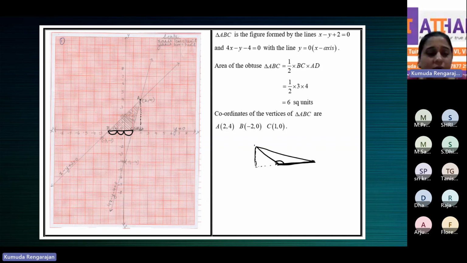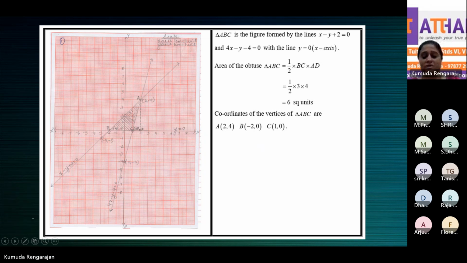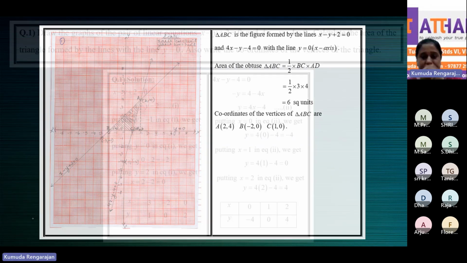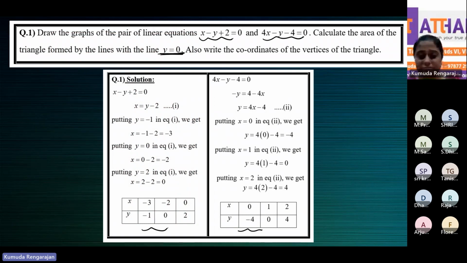So how many units? 1, 2, 3, 4. So the area of the triangle is half into base into height, and then the coordinates, this one and this one. Now, please check.